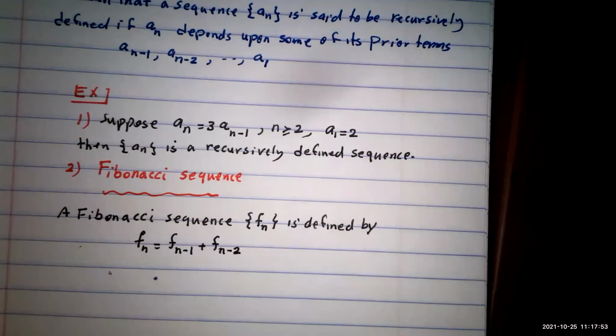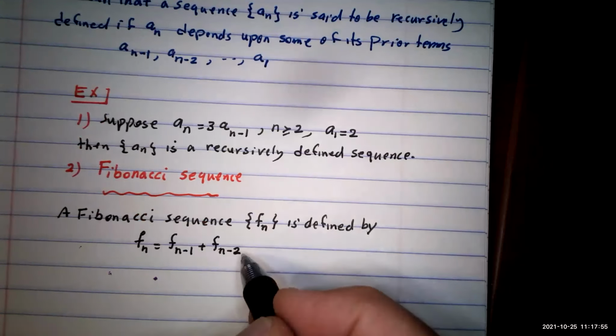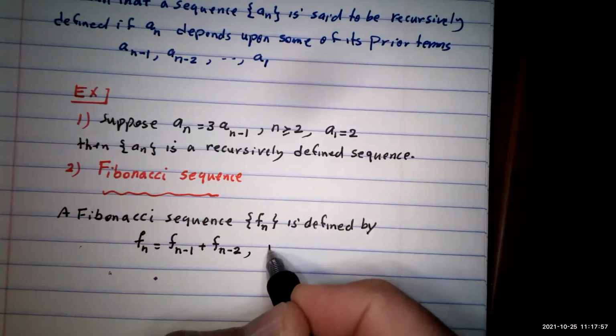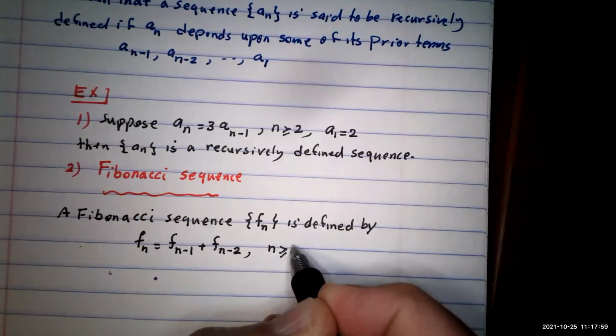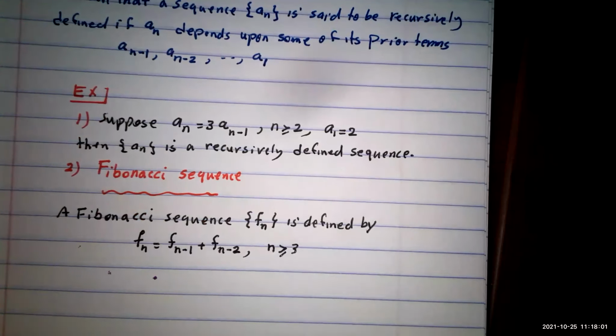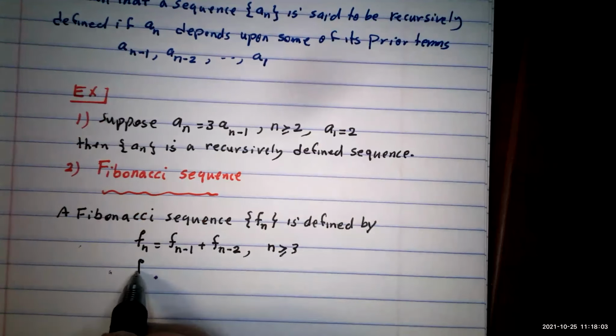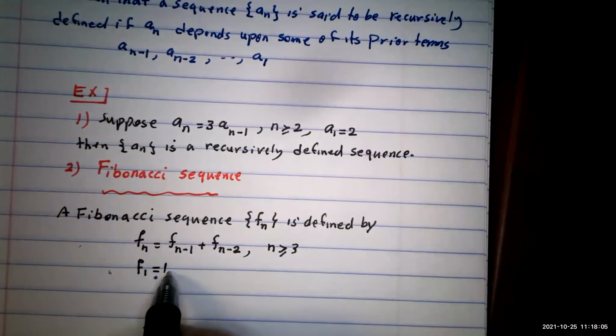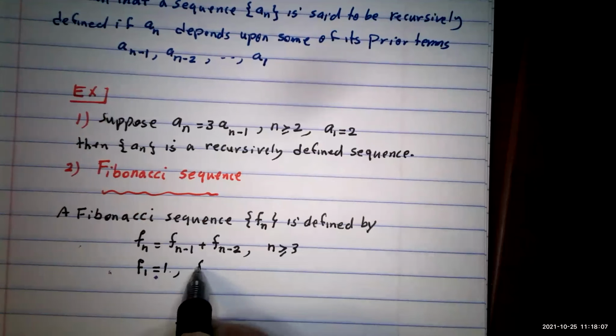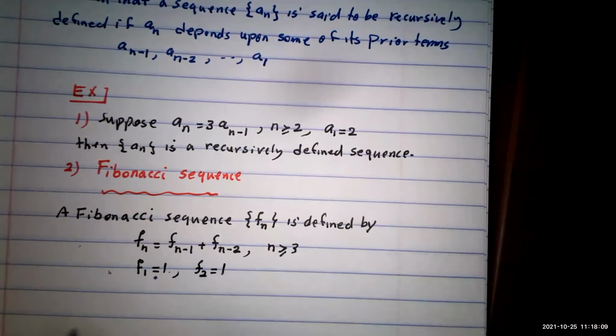Those indexes cannot be negative, so you have to start n at 3, n greater than or equal to 3. So you have to give us F_1. F_1 is equal to 1, and F_2 is equal to 1.